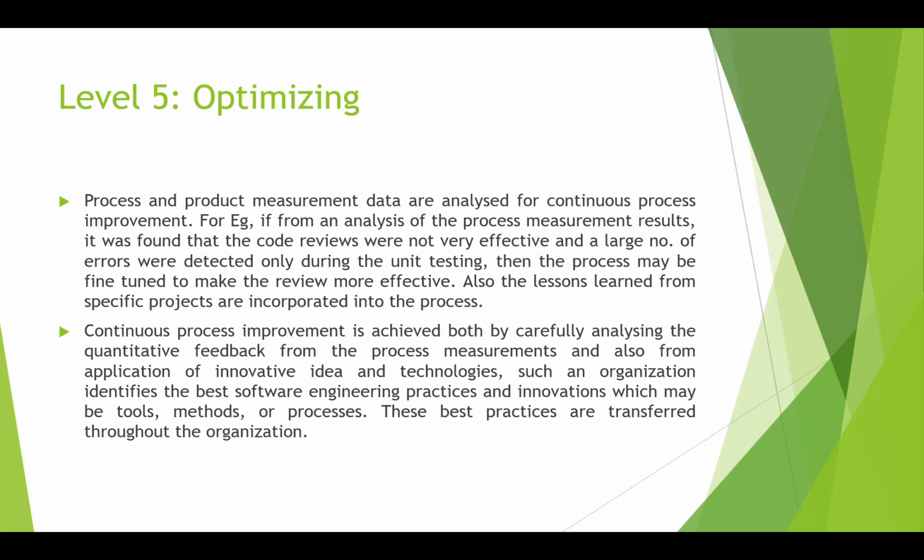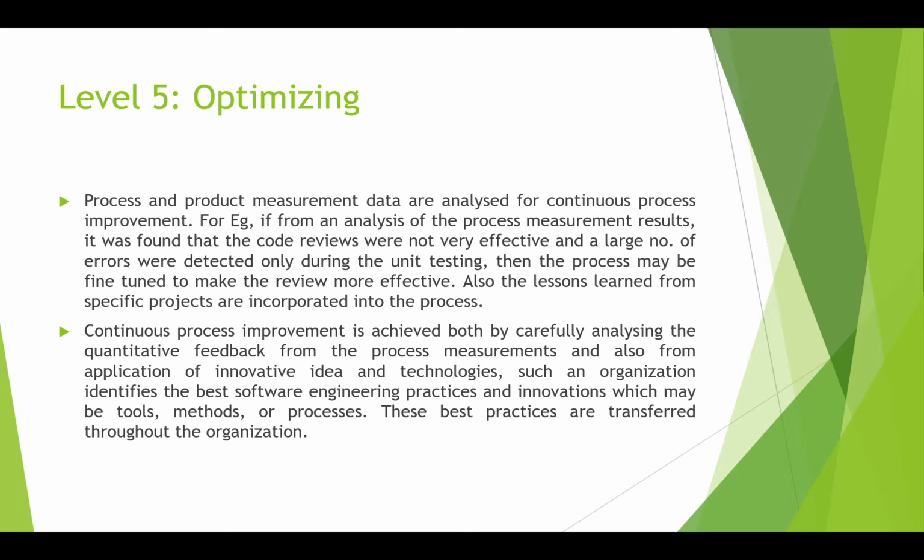For example, if the team finds that unit testing is catching too few bugs, they might revise the review process or integrate automation tools to detect errors earlier. This is also the level where innovation happens. New tools, methods, and technologies are adopted to enhance performance. At this stage, the organization not only measures but continuously improves, making it a true learning organization.